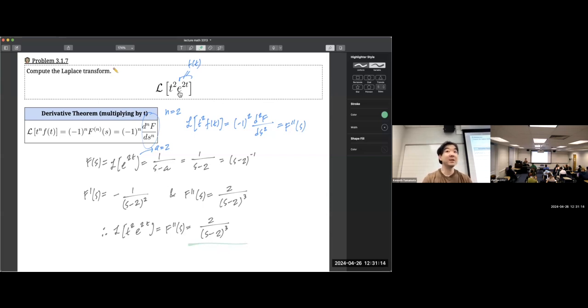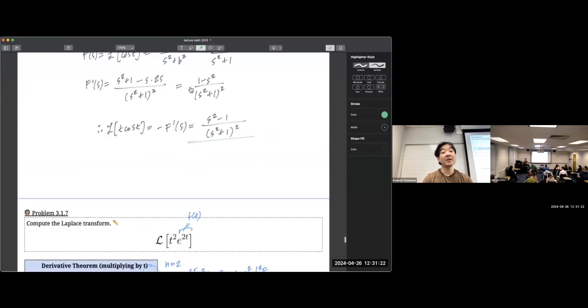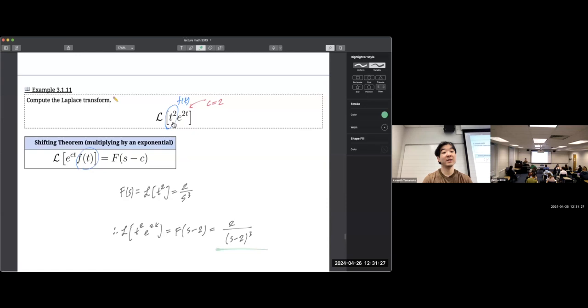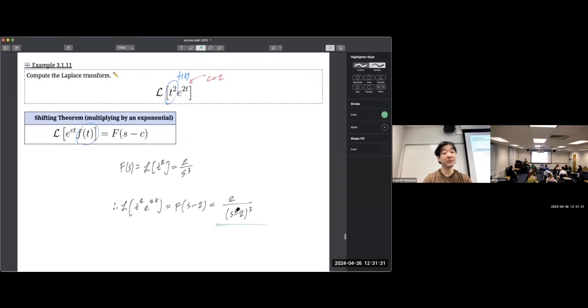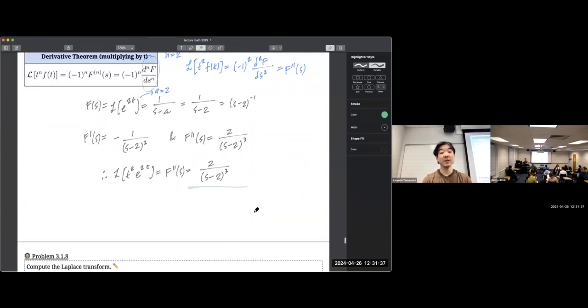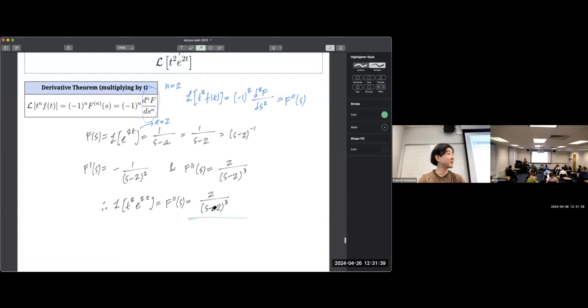We could have used the shifting theorem, with c equal to 2. And actually we did do it, it's right here. The Laplace transform of t squared e to the 2t was one of the examples I did using the shifting theorem. We got 2 over (s minus 2) cubed. Using the derivative theorem we just did, we also got 2 over (s minus 2) cubed.